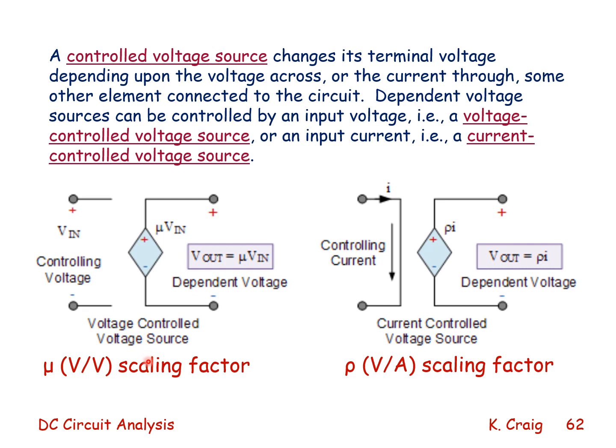A voltage-controlled voltage source is controlled by some voltage Vin, and the output, the dependent voltage Vout, is proportional to Vin, the controlling voltage, through the scaling factor mu. Here we have a controlling current, and here the dependent voltage output is proportional to the controlling current, with the scaling factor designated by the symbol ρ. This is a current-controlled voltage source.